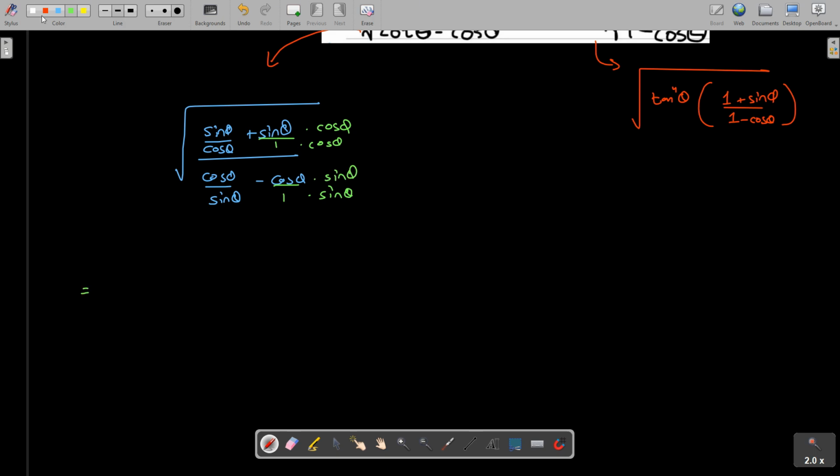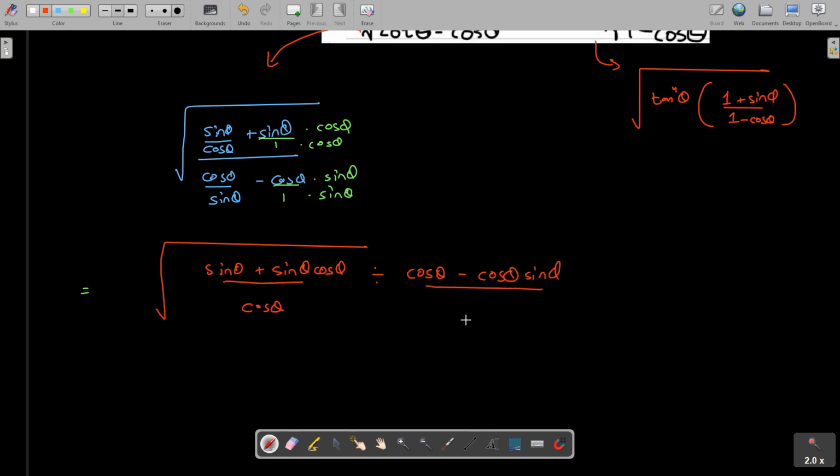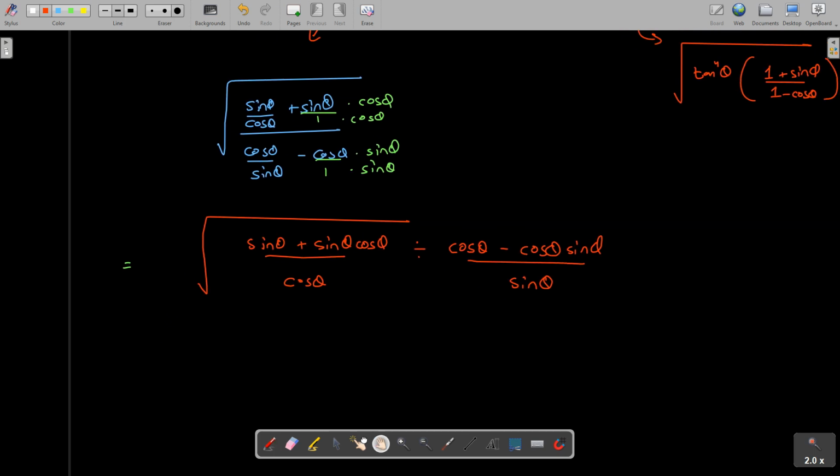So let's take our LCM, which will give us sine theta plus sine theta cos theta divided by cos theta, and I will add a division symbol instead of this line over here, so it's much more readable and understandable. So cos theta minus cos theta sine theta, divided by sine theta, right? Okay, so there are multiple things that you can do here.